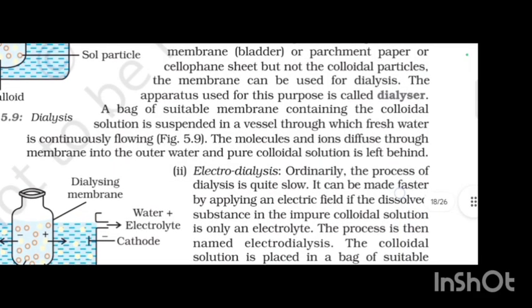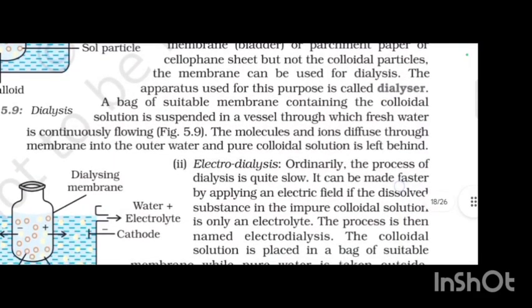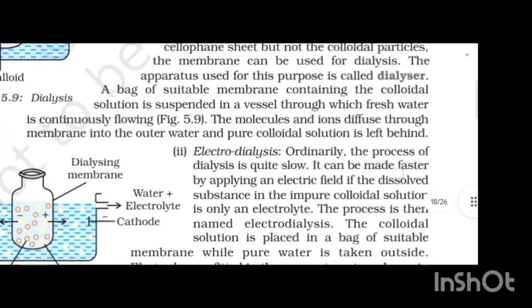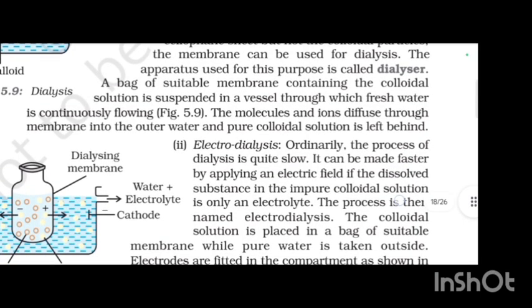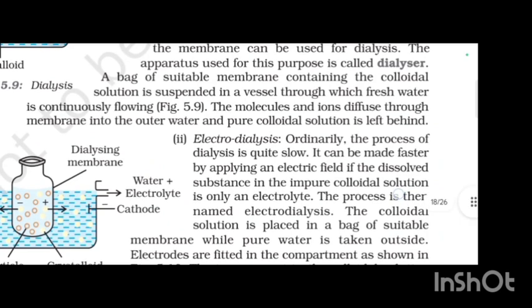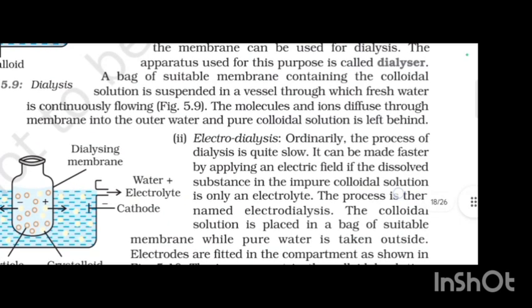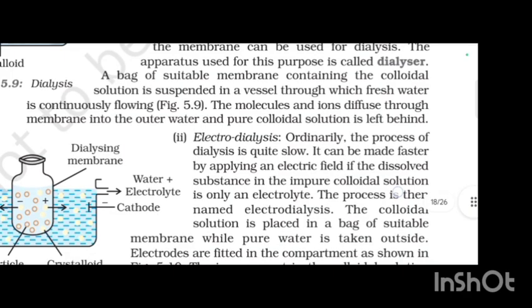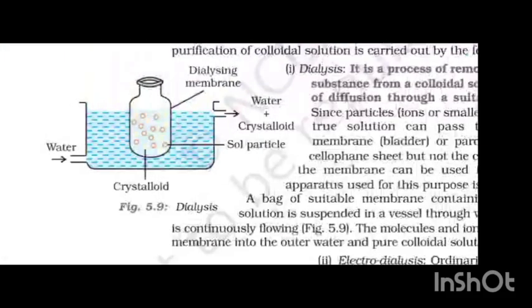The apparatus used for this purpose is called dialyzer. A bag of suitable membrane containing the colloidal solution is suspended in a vessel through which fresh water is continuously flowing. Figure 5.9. The molecules and ions diffuse through the membrane into the outer water and pure colloidal solution is left behind. Figure 5.9. Dialysis.